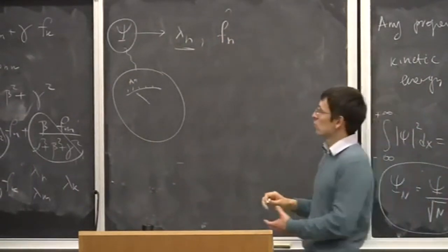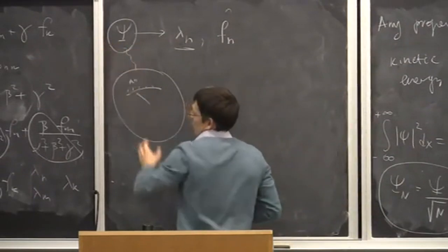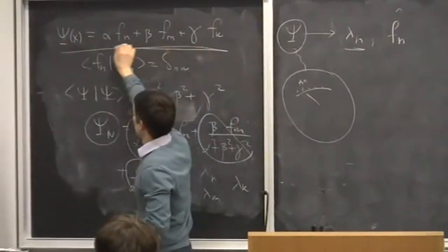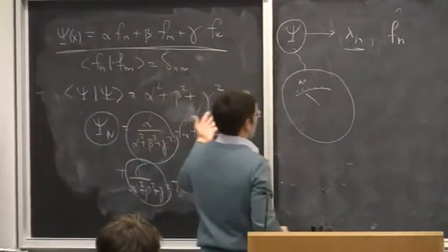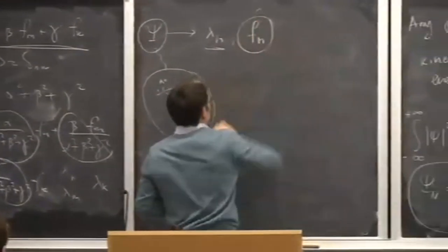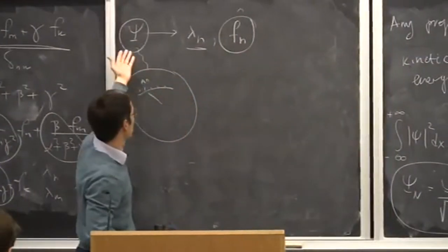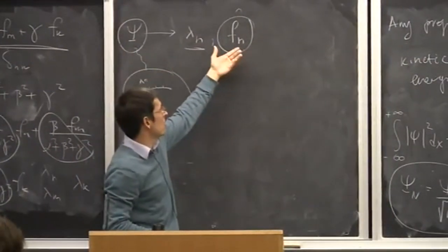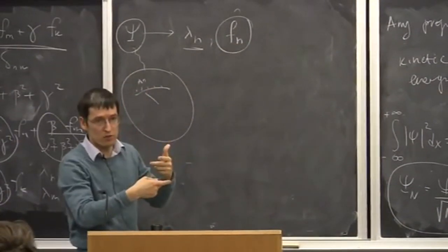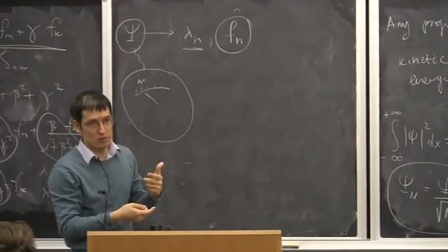So you had a system in a psi wave function. When you measure and you get the result, what happens to your wave function is that it becomes fn. So you change the wave function of the object that you measure.